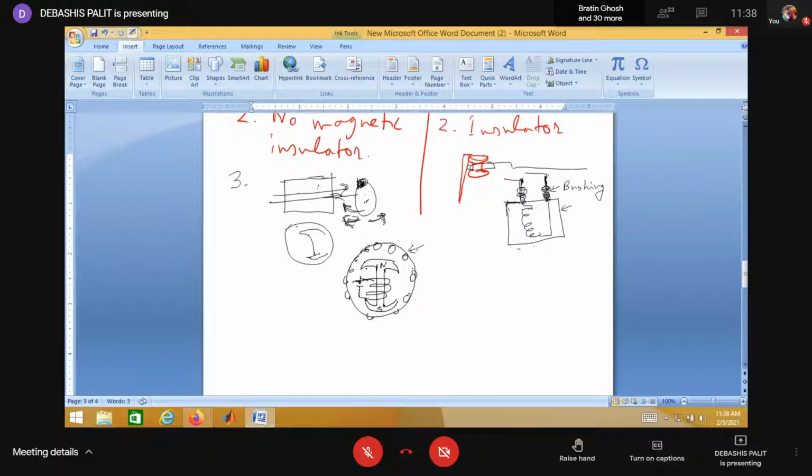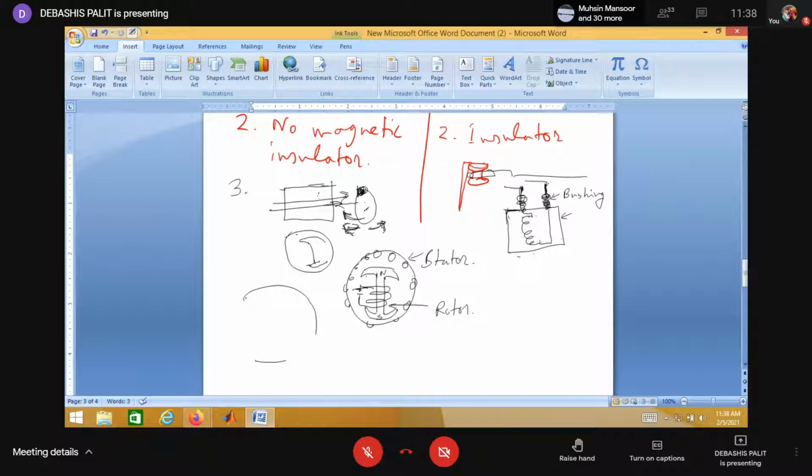This is the stator, where the electric field is created, and this is the rotor, where the magnetic field is created. Sometimes in this magnetic field a permanent magnet is there, sometimes not. In the case of a reluctance motor, this field is not actually required for creating. Actually a permanent magnet is used, or sometimes it is not a permanent magnet; sometimes simple magnetic material is used.